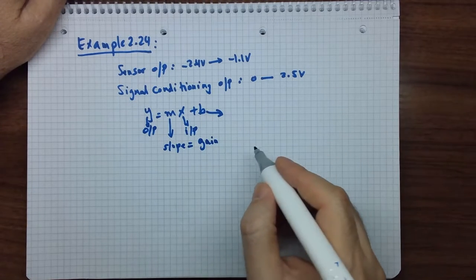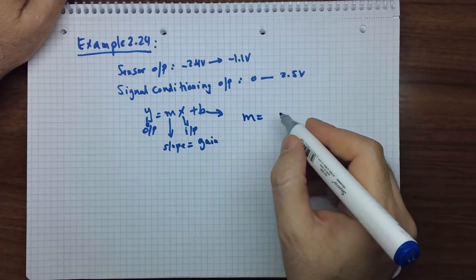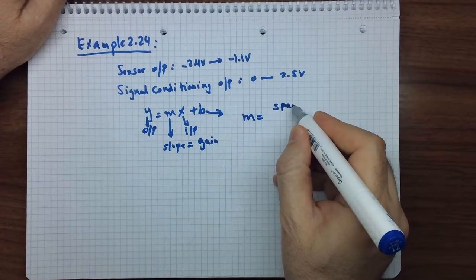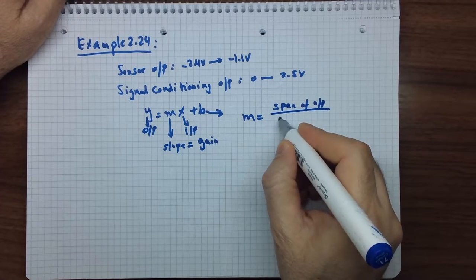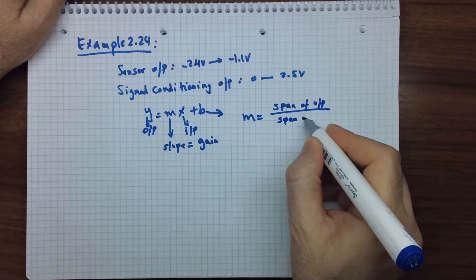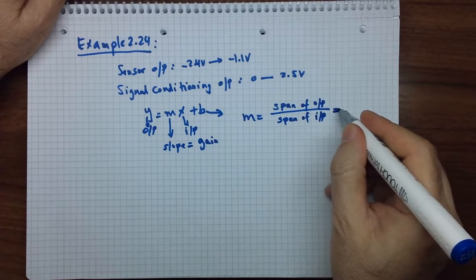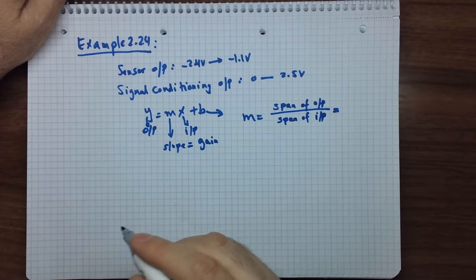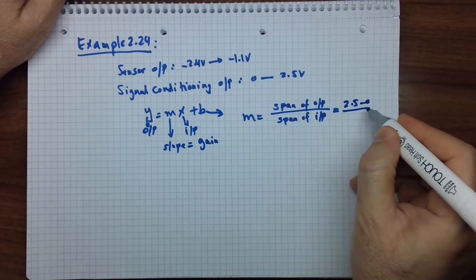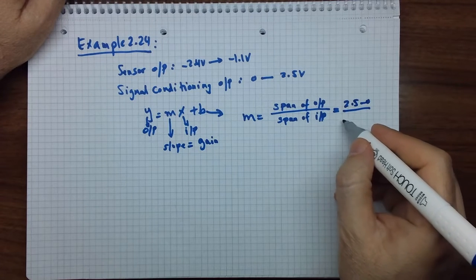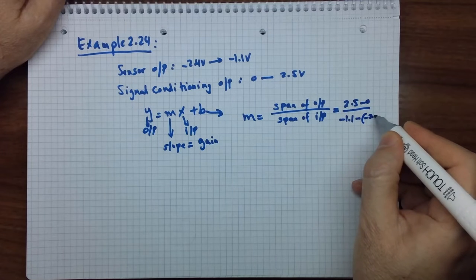Usually the gain m is equal to span of output over span of input. In this case we have 2.5 volt minus 0 over minus 1.1 minus minus 2.4.